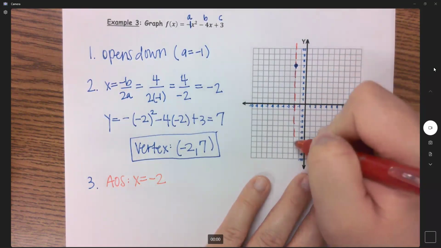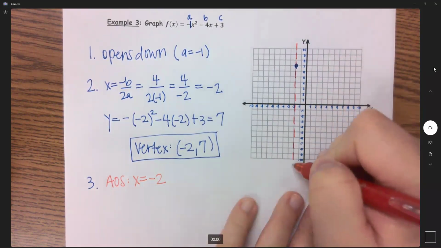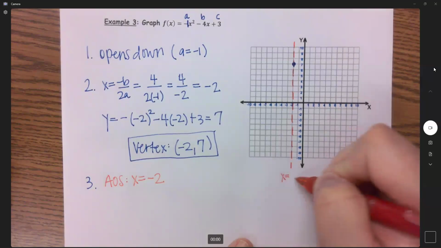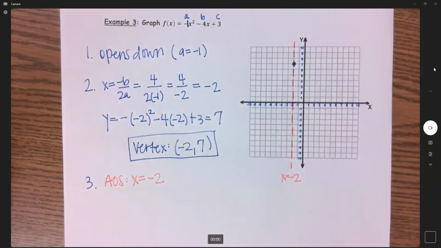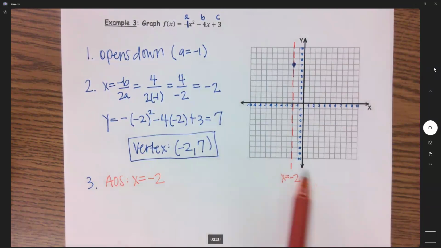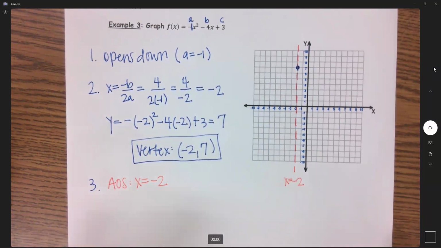And we put dashed lines because this line doesn't really exist. It's just here almost for graphing purposes. So we have found, we have graphed, and now I have labeled my axis of symmetry. So far, this is everything we did on that first page in examples 1 and 2.